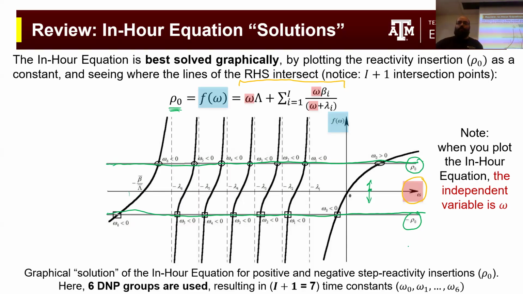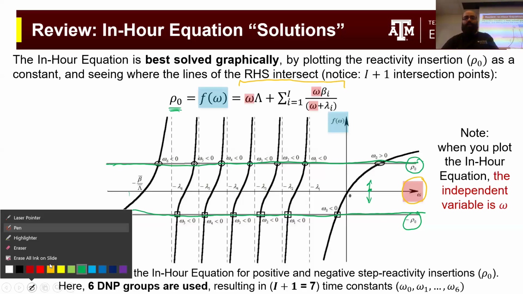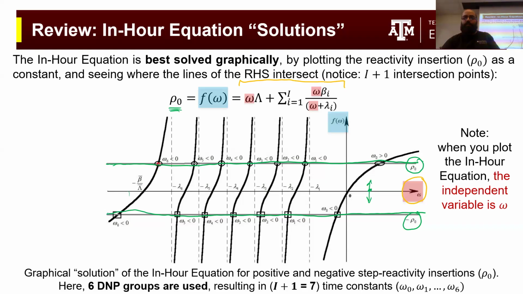The solutions to the n-hour equation are the roots, the places where our right side and our left side equal each other. All of these intersecting points are the roots of my n-hour equation, and these omega values correspond to the values of each of these time constants.